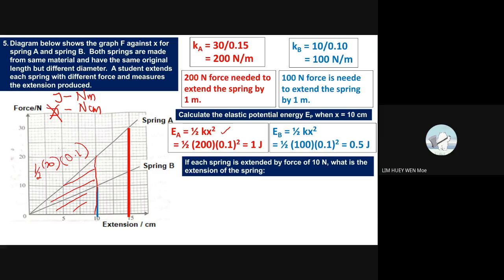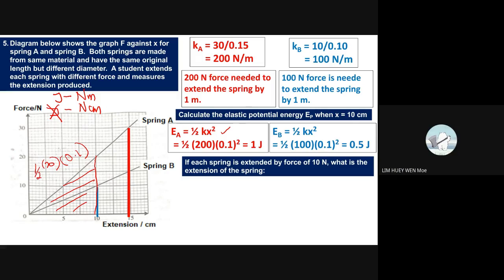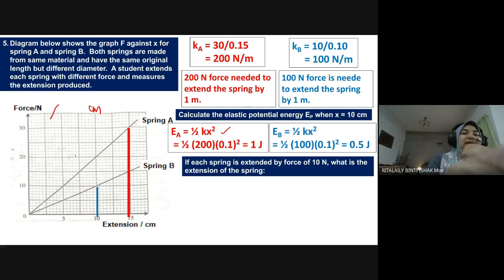If each spring is extended by force of 10 Newton, what is the extension of the spring? Okay, if the spring is extended by force 10 Newton, what is the extension of the spring?